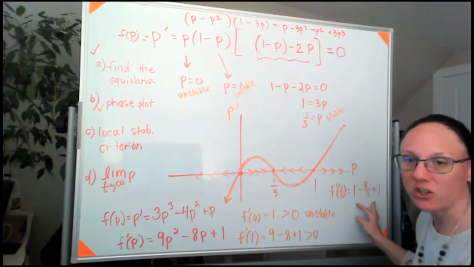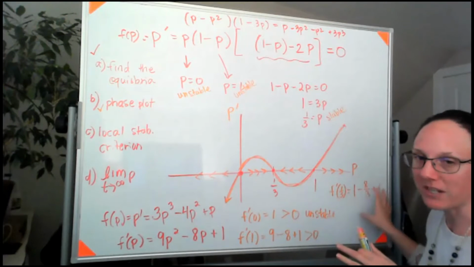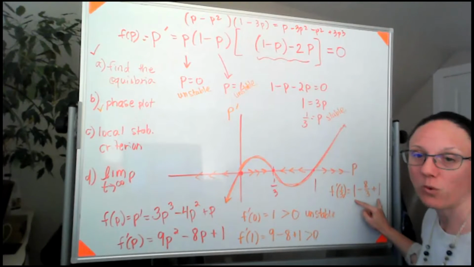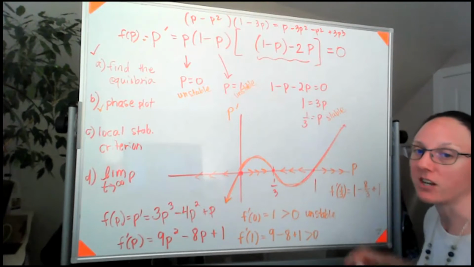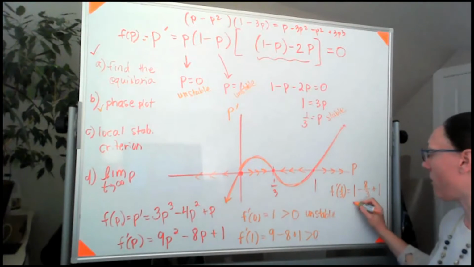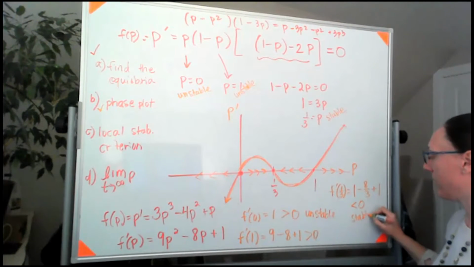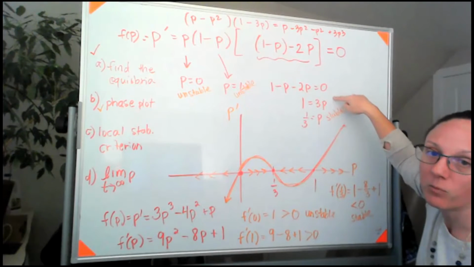Okay, I don't actually need to do the arithmetic here. I just need to know if it's positive or negative. Adding those two ones together, that would be 2 or 6/3, and that negative 8/3 is going to be bigger. So I know overall that's negative, so it's stable, which also matches what we have here.